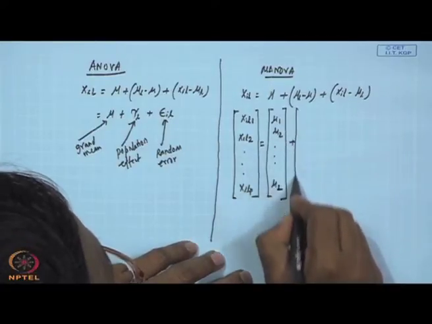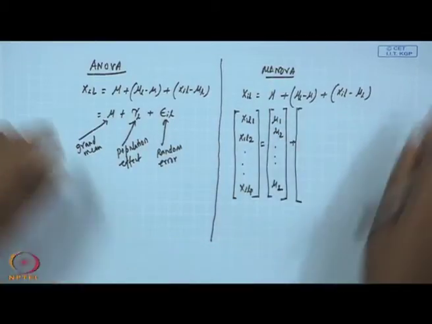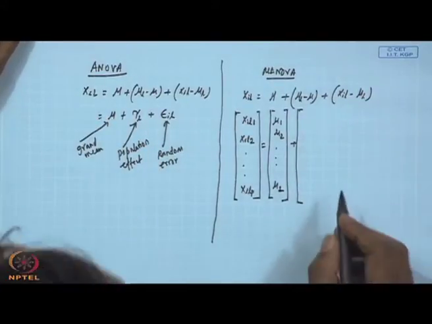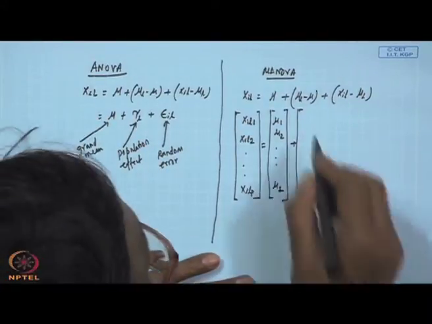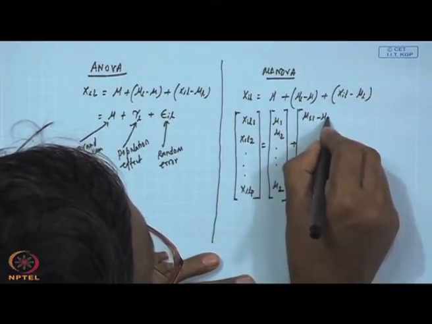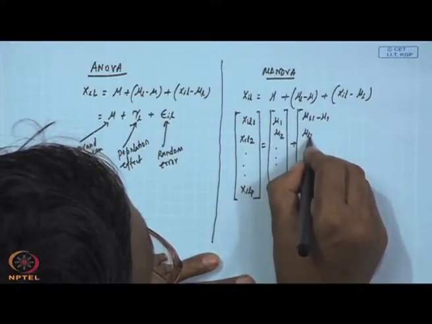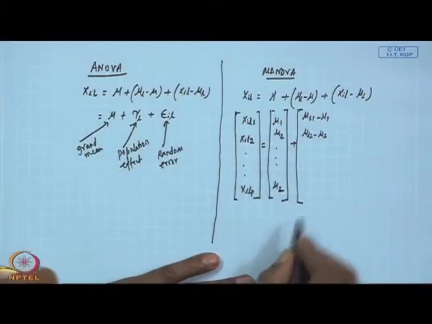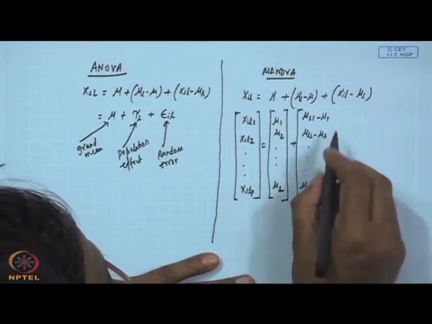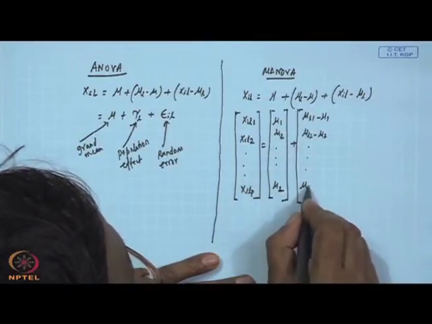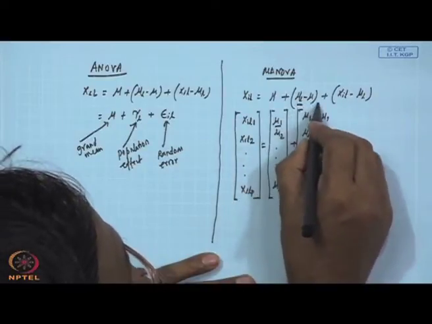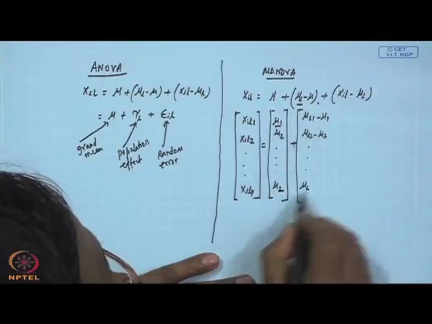plus, if we write like this, I think earlier we have written, mu L 1 minus mu 1, mu L 2 minus mu 2, in the same manner up to mu L p minus mu p. All cases L will be there.